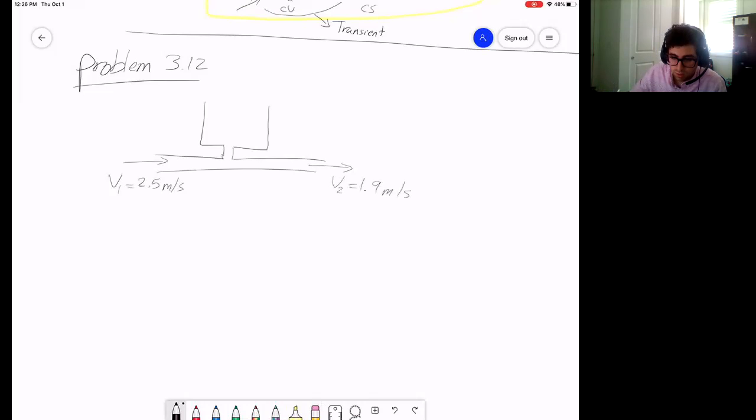And what else? We have the diameter of the pipe. This is the diameter of the pipe. It's 12 centimeters. And you have the height of the tank is 1 meter.